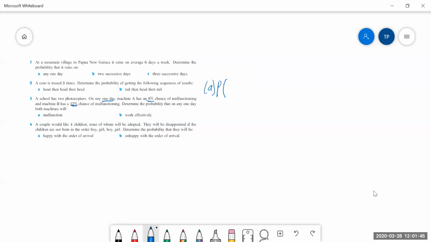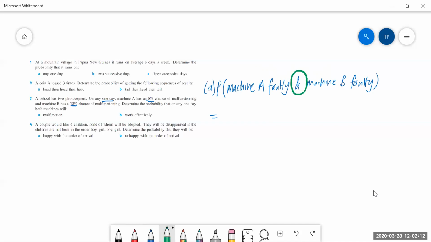Probability of machine A faulty and machine B faulty, right? If it's machine A faulty and machine B faulty, notice that you use AND.